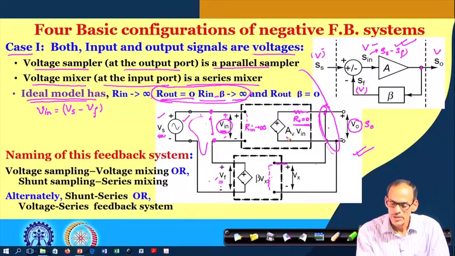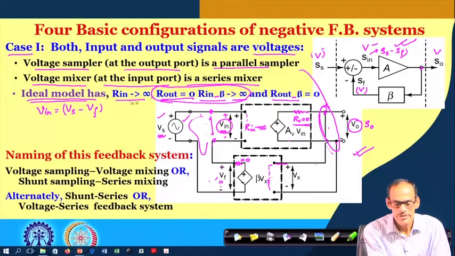On the other hand, R out of this feedback network, which is R out dashed beta, we are assuming it is 0, and also in combination with this resistance being infinite.